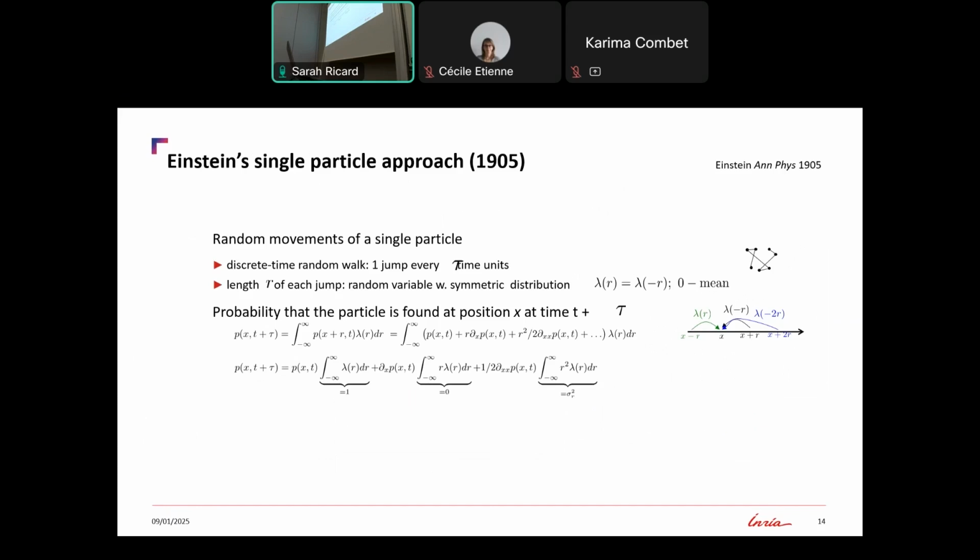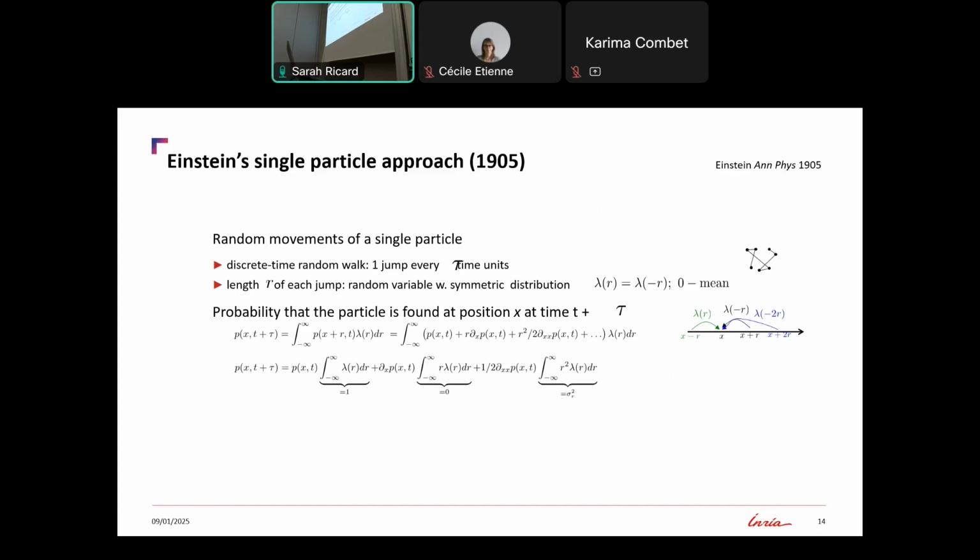For the second term, r times lambda is of course the first order moment, the average, the mean. And because of this, we said that it was 0. So this term disappears. And the next term that you have is the integral of r squared times lambda. This is of course the second order moment, so the variance.